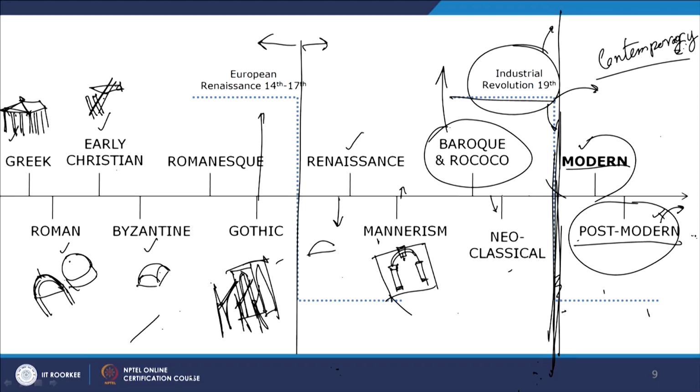Then there was neoclassical, again a different style, which is classical, a shift from Baroque and Rococo going down. Then in modernism it again becomes a very minimal architecture style, and postmodern again goes up in visual style. So there's minimalism and then exaggeration, again minimalism, exaggeration. This goes on in history and continues in contemporary architecture as well.